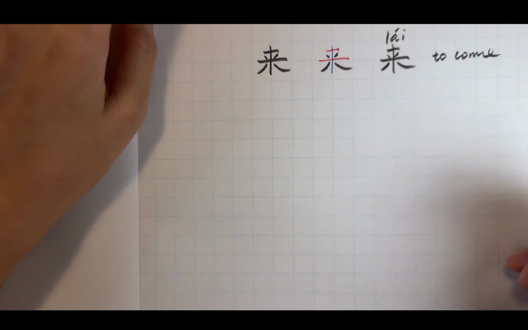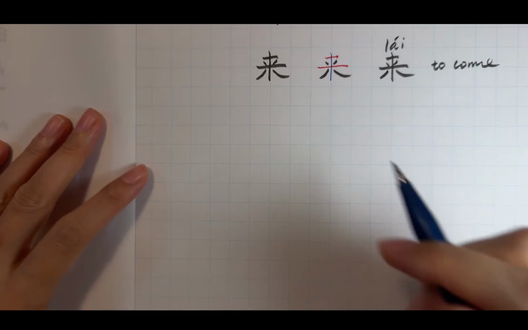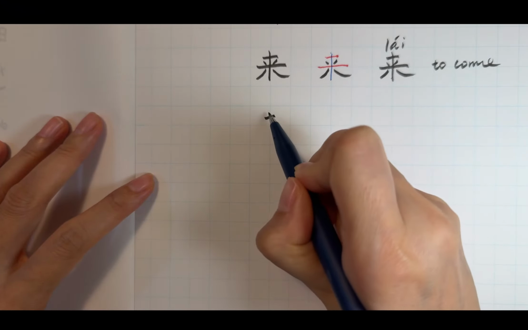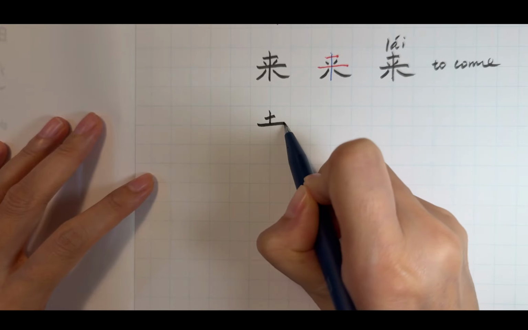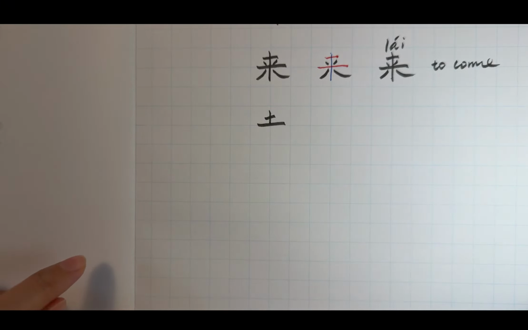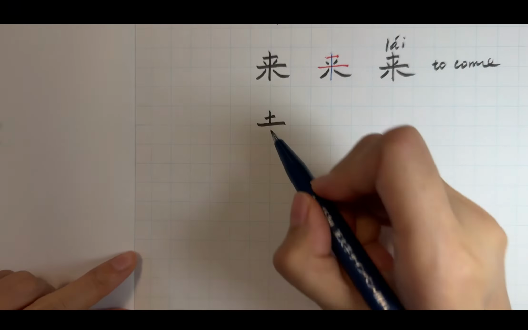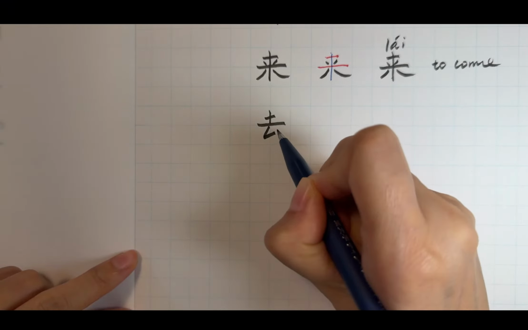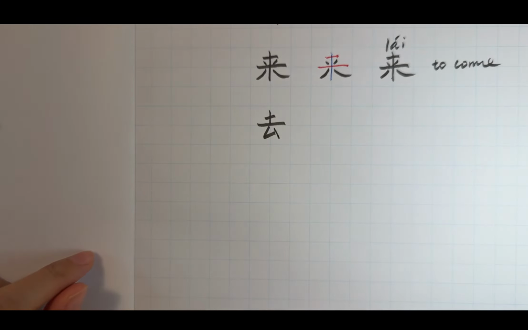So again, let's write it. 来 opposite is 去. So remember just now we write this one, right? So it's like 土 and after the 土 we write this part.